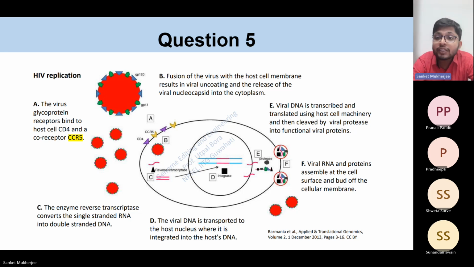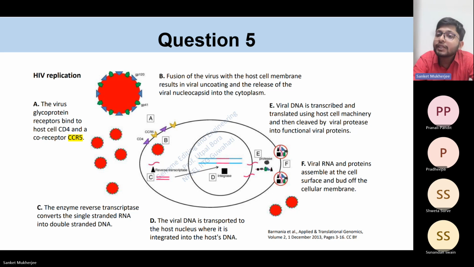So it has been observed that CCR5, which is a co-receptor, was not known earlier. This co-receptor is very important for virus entry. If this co-receptor is modified, if the 32 base pairs are deleted from this co-receptor, then the virus can still recognize the CD4 receptors, but the internalization of the virus no longer happens.